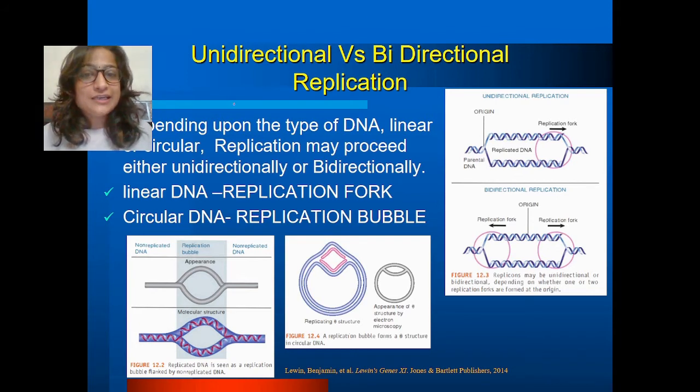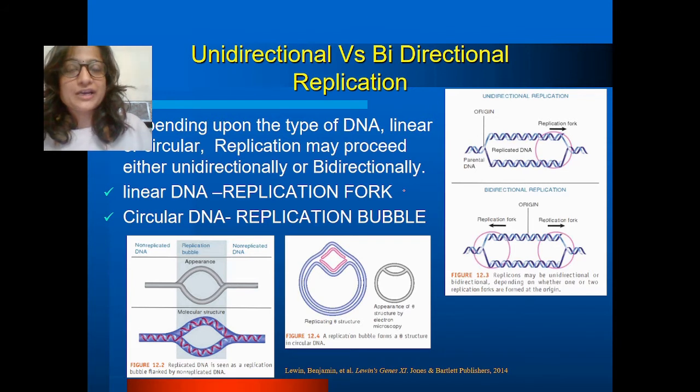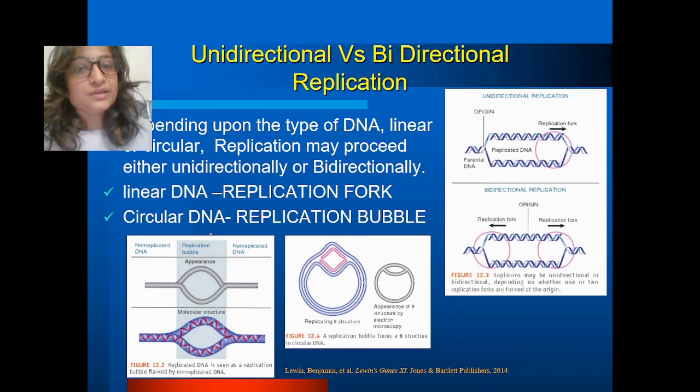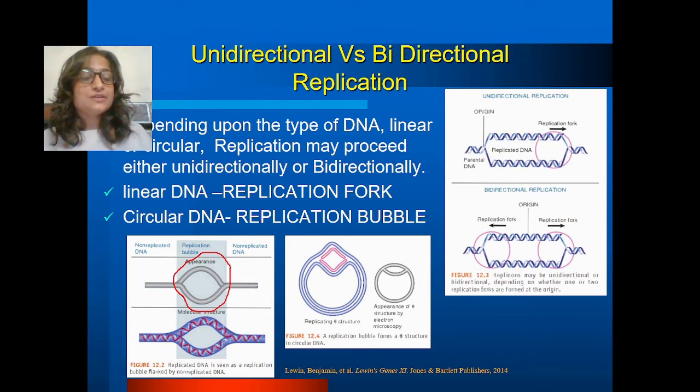So if there is a linear DNA, then there is a formation of one replication fork, and we simply use the term replication fork. Whereas if there is a circular DNA, then there are two replication forks and the structure takes the form of a replication bubble.